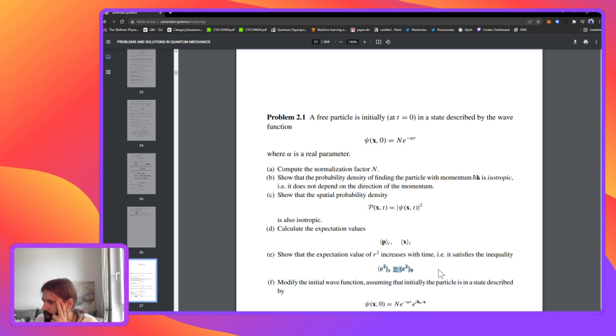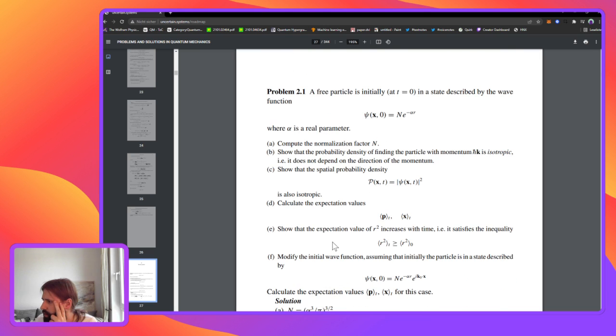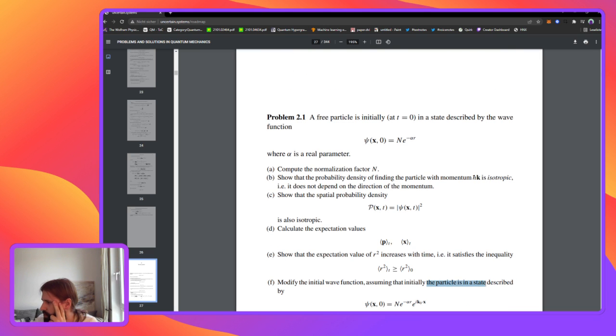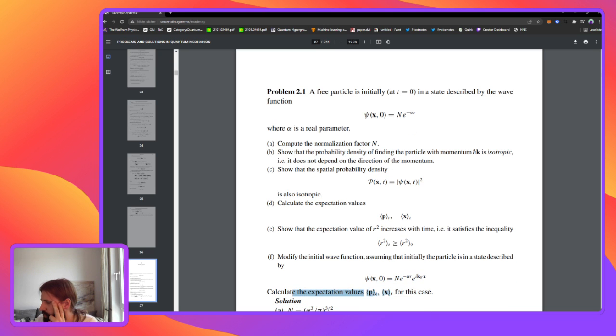It's expectation value again, and then modify the initial wave function, assuming that initially the particle is in the state described like that. Calculate the expectation value for this case. So now we're adding a complex part to it, and then we're going to do some integral, which is not going to be nice, because an integral of complex things means complicated contour integration.